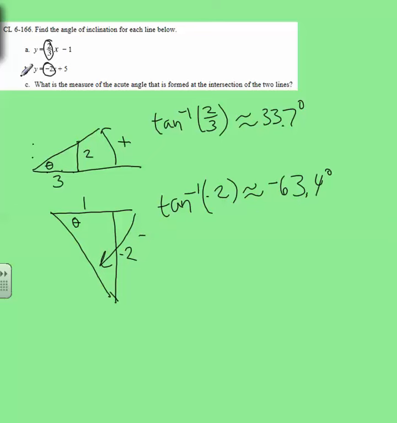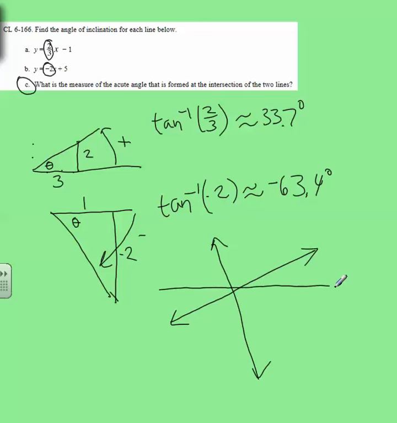Now, part C. We're looking for the measure of the acute angle that is formed at the intersection of the two lines. So if I sketch the intersection of these two, the first slope, the 2/3, is approximately like this, and then the second one is approximately like this. And then here's zero slope. So we've got a 33.7 degree angle here, a 63.4 degree angle here.